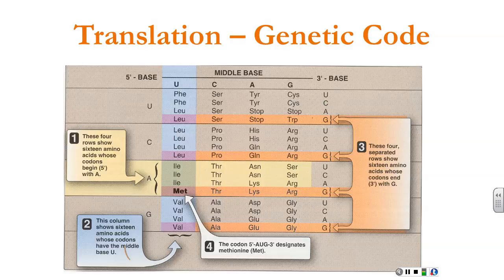But before we actually start diving into looking at some of these mutation types, you might notice the first few slides we're going to go through hopefully look a little bit familiar to you, because we went over this a little bit in the section on translation, and we're going to go over it again to make sure you understand. And in order to understand some of the mutations that we're going to talk about, certainly you need to be able to understand the genetic code.